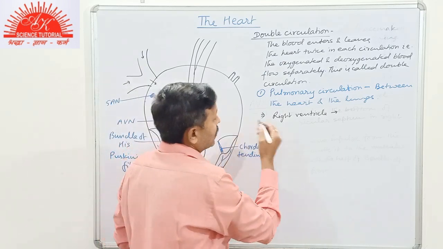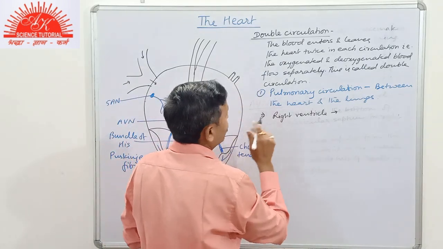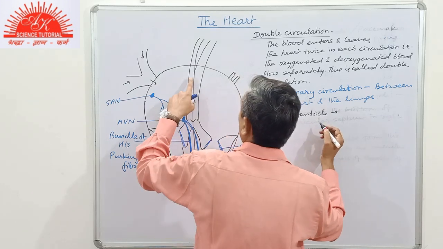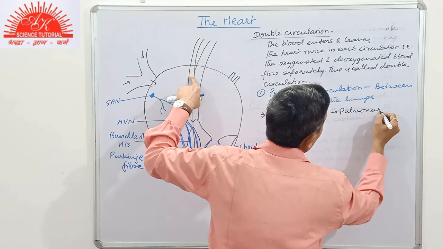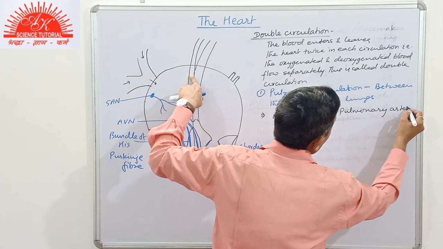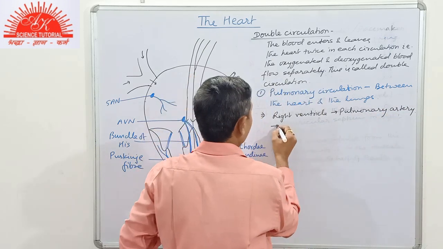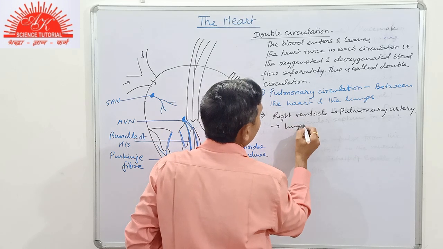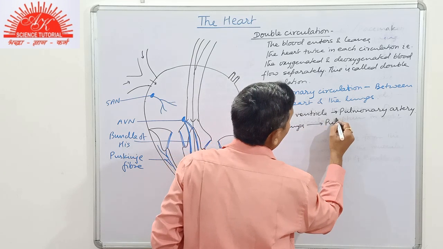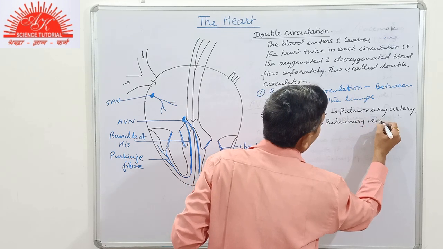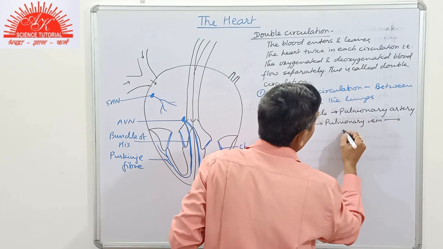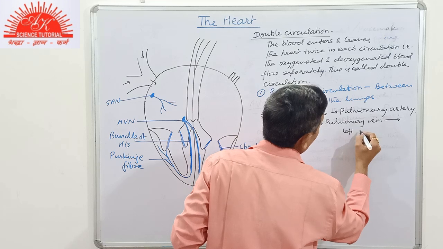So you must remember this circulation: right ventricle to pulmonary artery, lungs, pulmonary vein, and then to the left auricle.